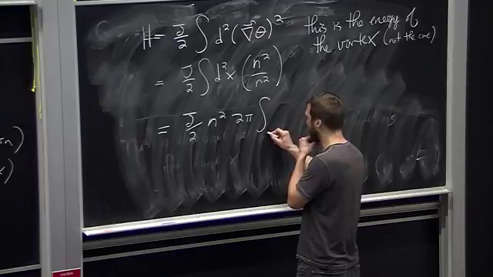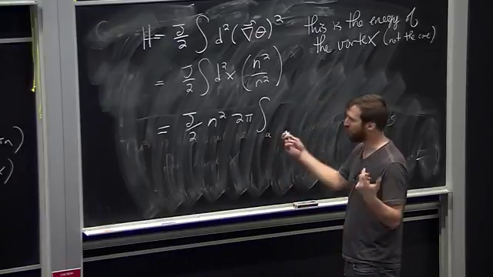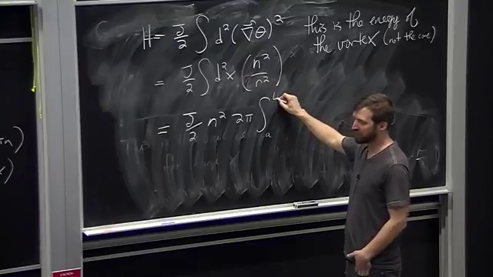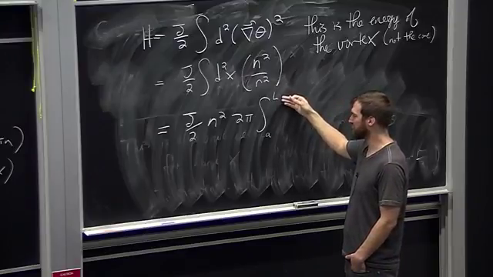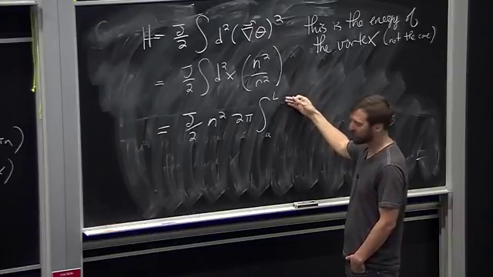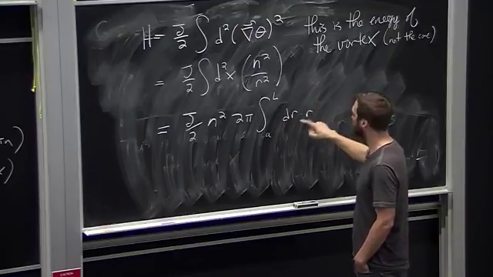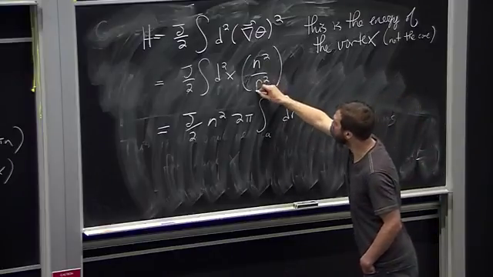So I'll start from the lattice spacing, and I will just go out to the size of my system. I'll just call it L. So I'm just going to attach a length scale to this. This is like my UV. This is like my long distance. I've got dr, r, that's from the Jacobian. And then I have 1 over r squared from this term here.